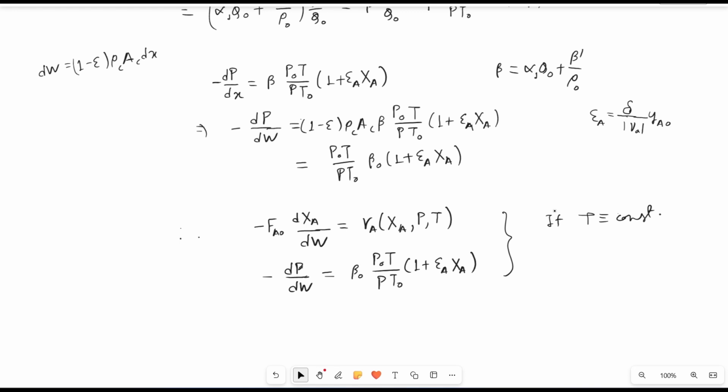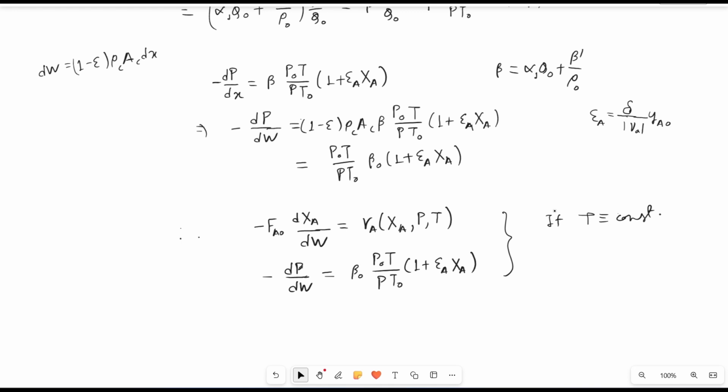But if temperature is not constant, if the reaction is highly exothermic or something like that, the temperature profile will change across the bed. Then you have to use another equation, the energy balance equation across the packed bed reactor, to get the differential equation relating temperature and enthalpy of reaction, which we will not do here because non-isothermal conditions and the effect of temperature we will discuss later.